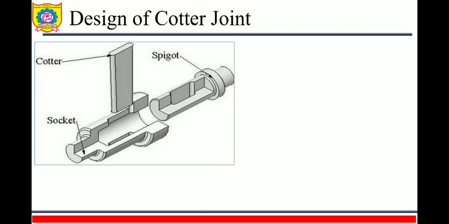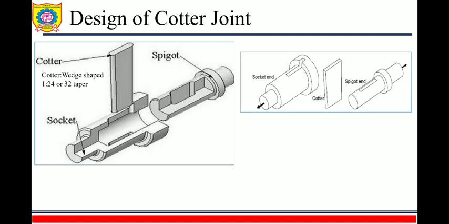So this is our spigot and here is our joint. When the spigot and socket are inserted in each other, the cotter is inserted through the slot. Okay, that is clear to you.